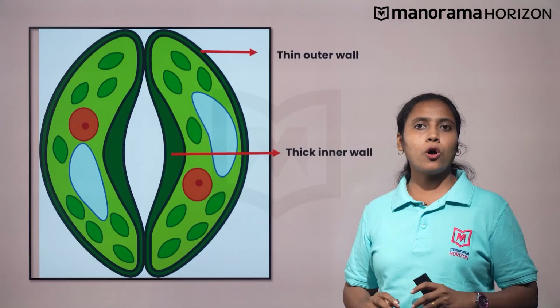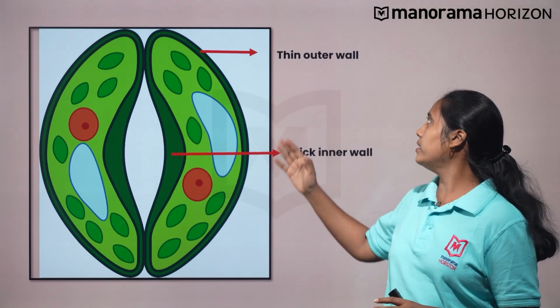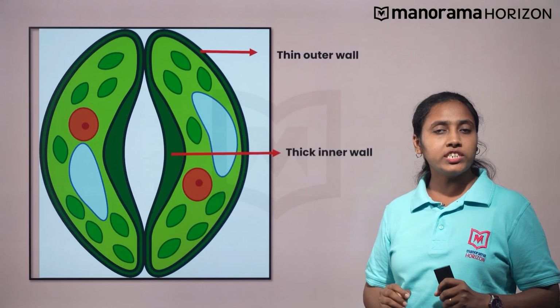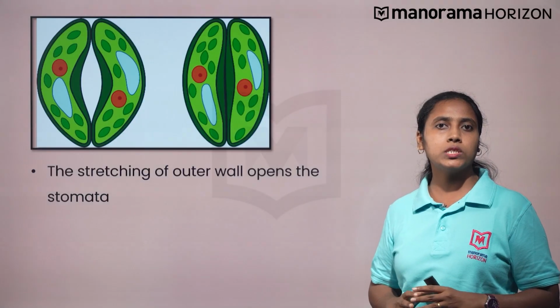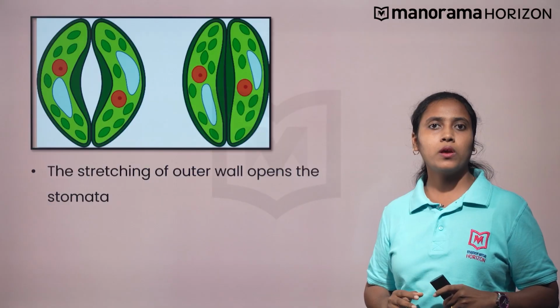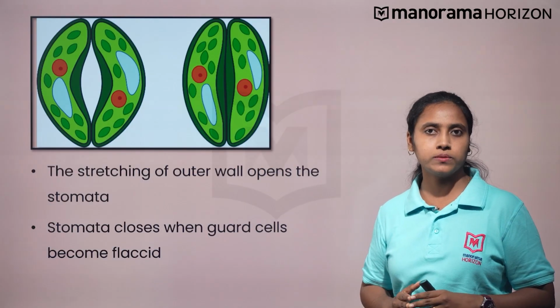The outer wall of the guard cells is thin and the inner wall is thick, as you can see in this image. The stretching of the outer thin walls when the guard cell is turgid opens the stomata. When the guard cell is flaccid, stomata remains closed.